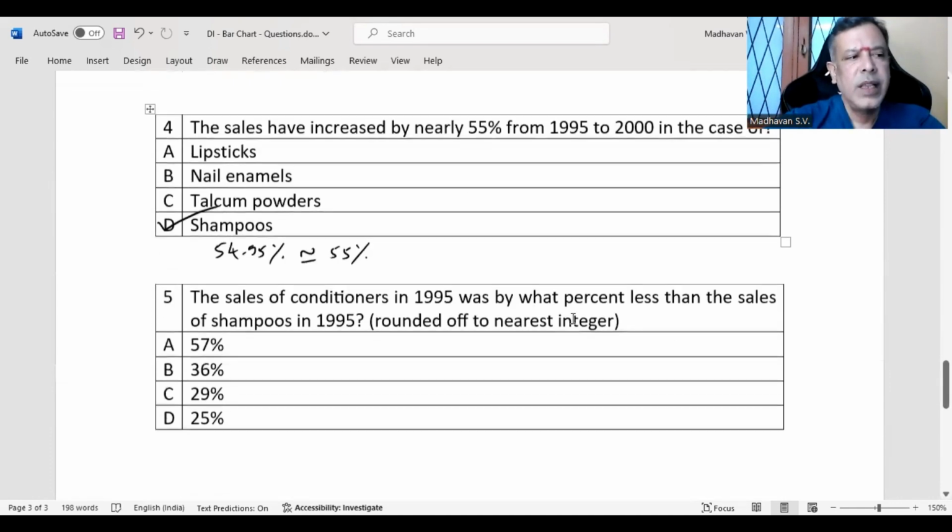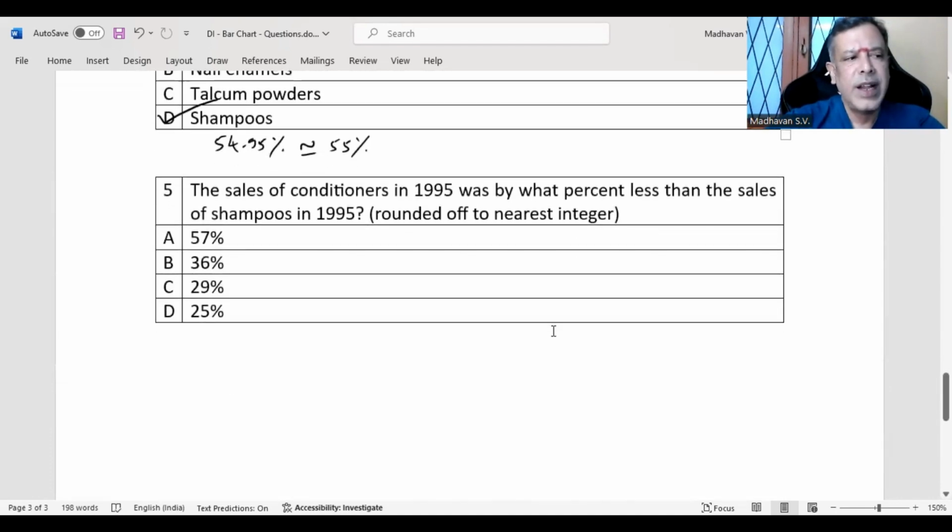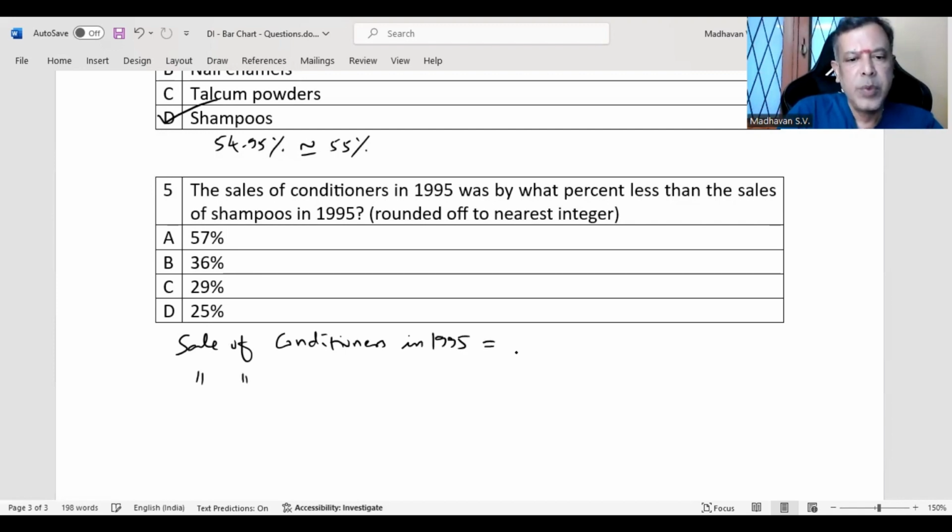The next one, sales of conditioners in 1995 was by what percent less than the sale of shampoos in 1995? So we need to now capture those two values, means sale of conditioners in 1995 is how much, and then sale of shampoos in 1995 from the graph.